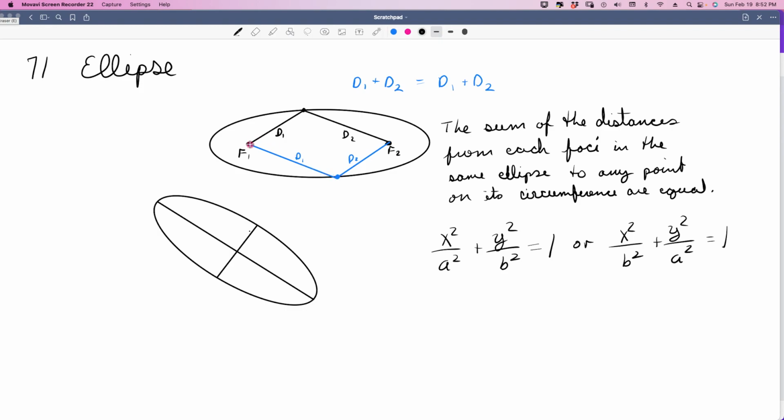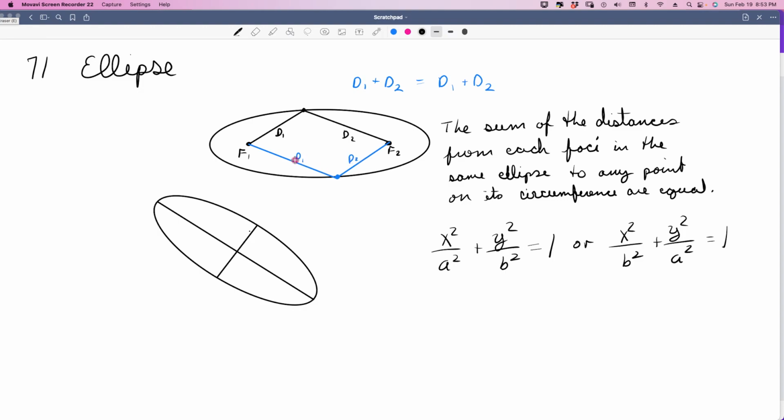So that is one of the properties of an ellipse that you can use to find a distance that's missing. If you know what the sum of distance 1 and distance 2 added together is, and you're missing one of these distances, then you can write a formula to find the unknown value.